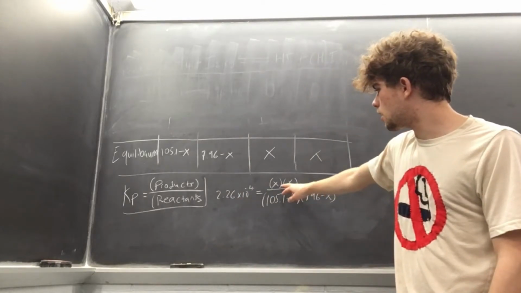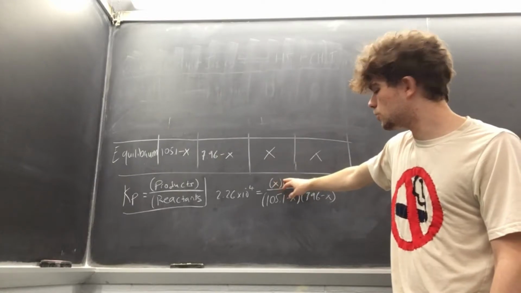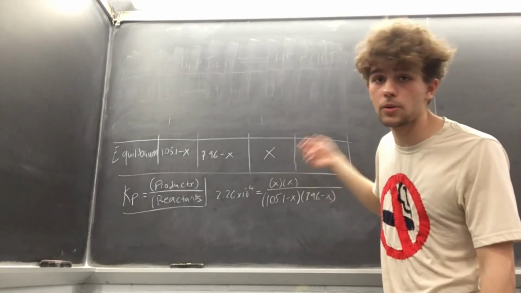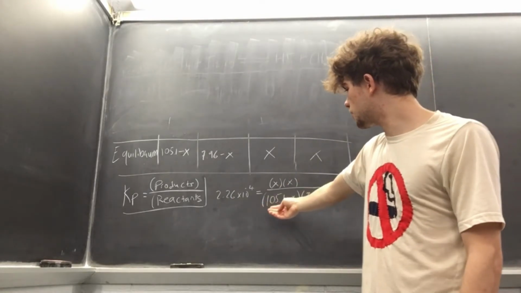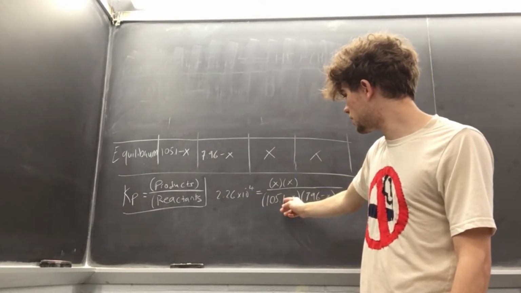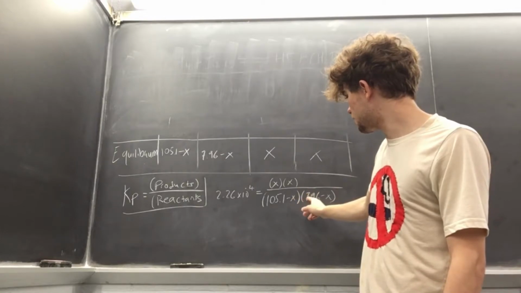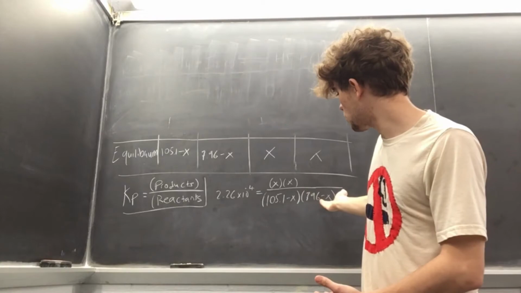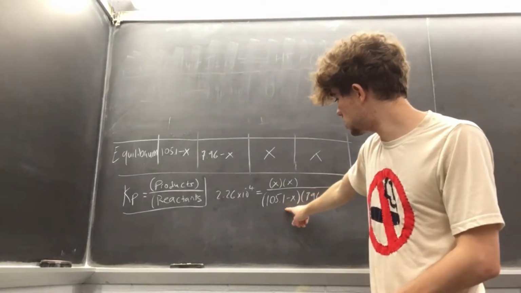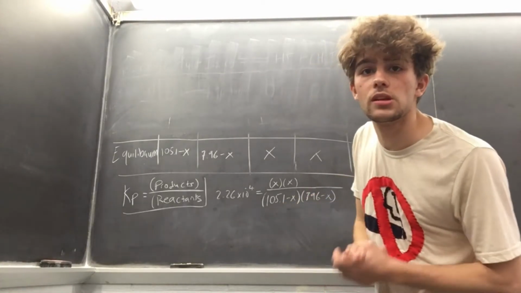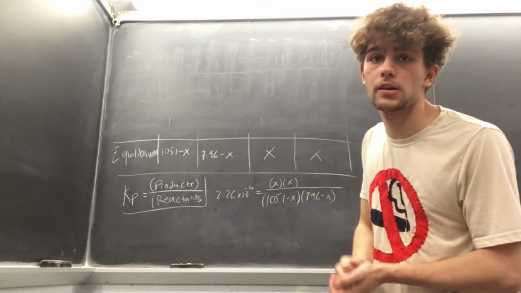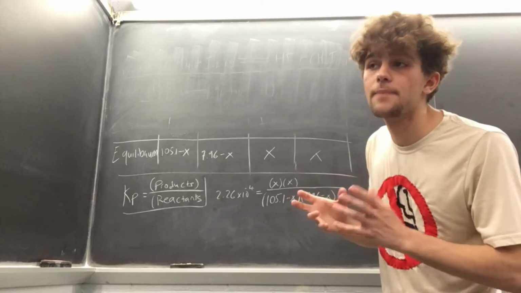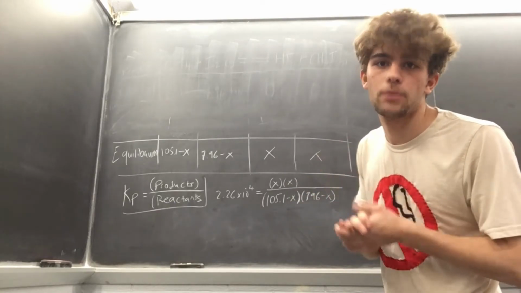The equilibrium partial pressure of the products is x for both, so x times x, or x squared, and for the reactants, 105.1 minus x times 7.96 minus x. What we're going to have to do is FOIL these two and set the equation equal to 0, and then use the quadratic formula to solve for x, which we will then subtract from the initial to find the final or equilibrium partial pressures.